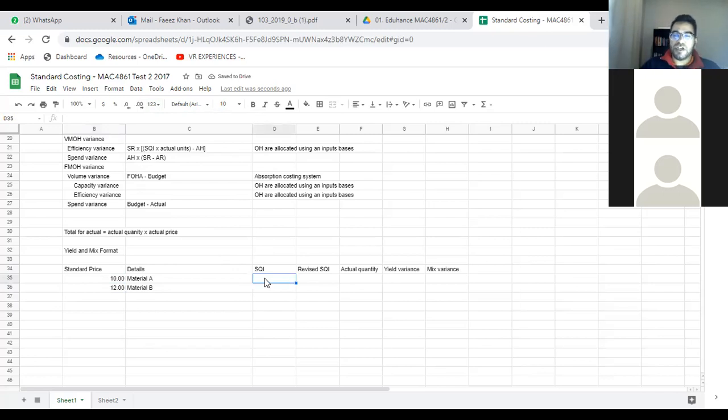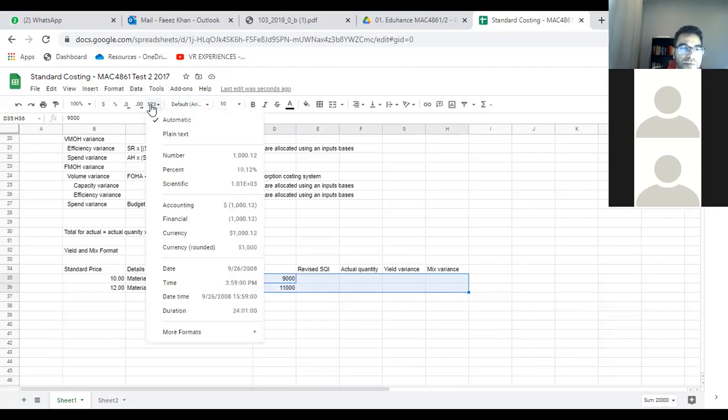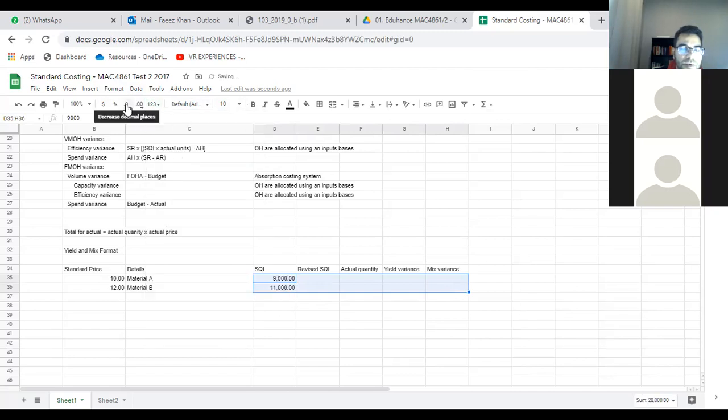Let's, for argument's sake, on a total level, take the standard quantity of input times units. Let's just say the standard quantity of input is 9,000, and for this it is 11,000. I'm making stuff up, okay? So remember, how do you get standard quantity of input?